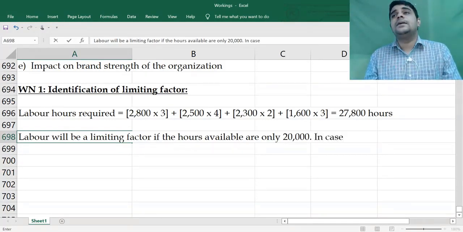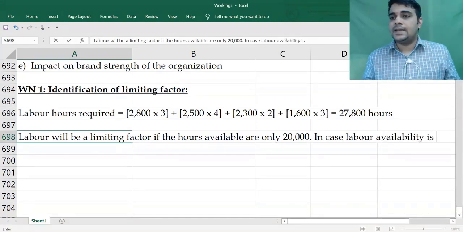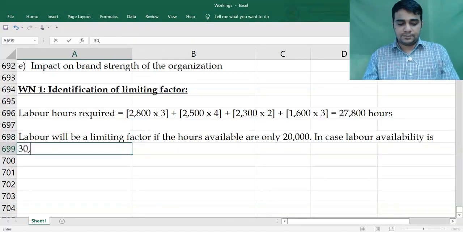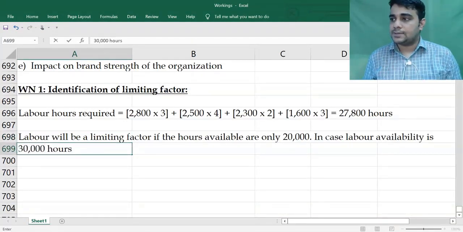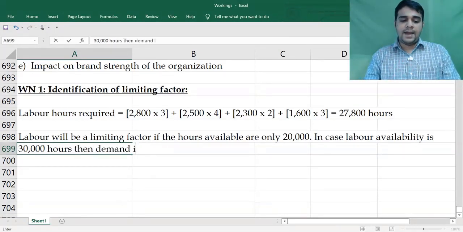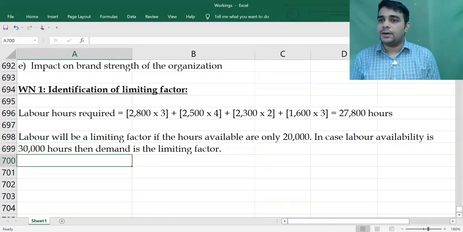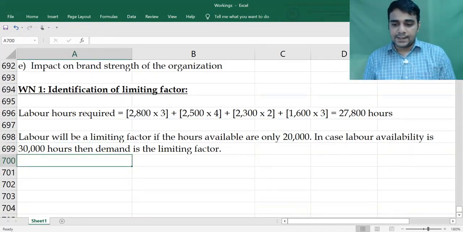In case labor availability is 30,000 hours, then demand is the limiting factor. Technically I don't have any limiting factor. If you have 30,000 hours, demand is the limiting factor.